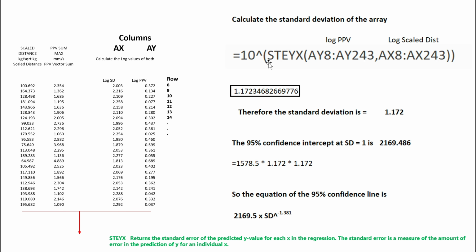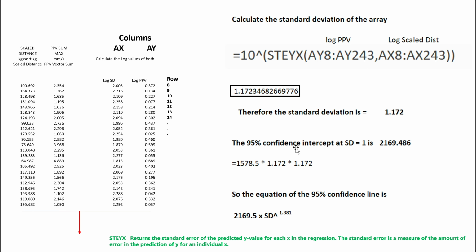And I put that into this equation, which is 10 raised to the STDEV of the array of the log of the PPV values, comma, the log of the array of the scale distances, and that will give you the standard deviation.